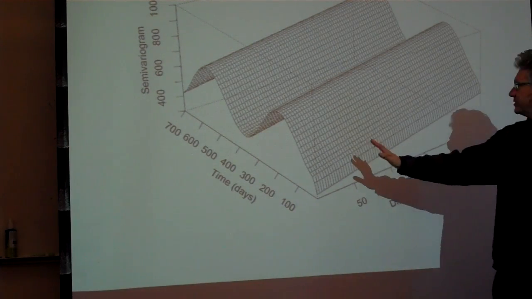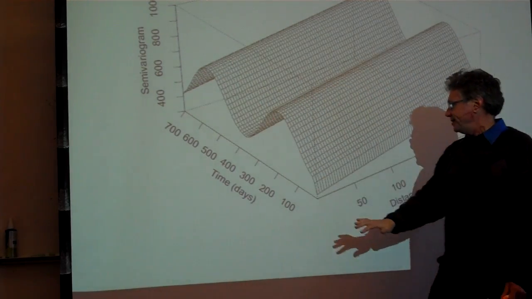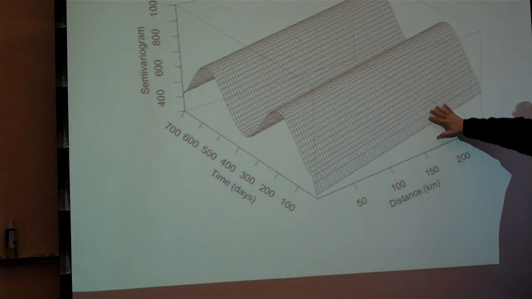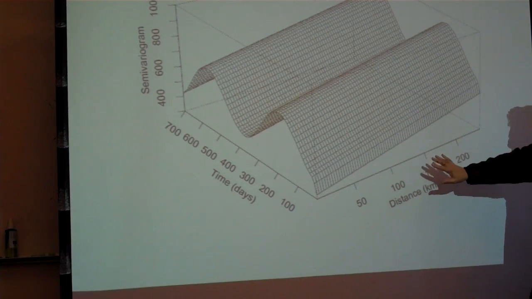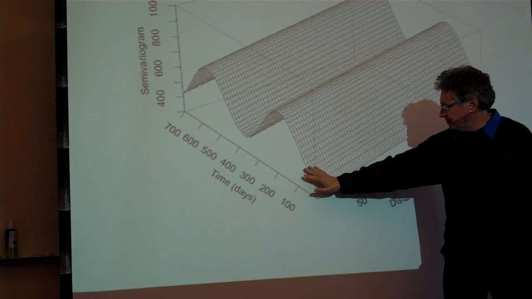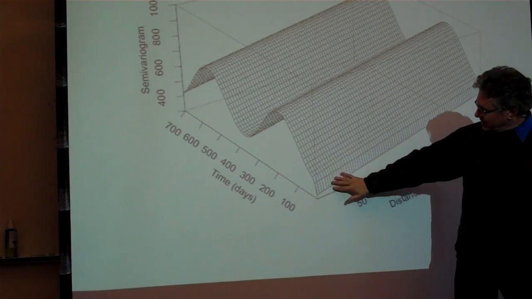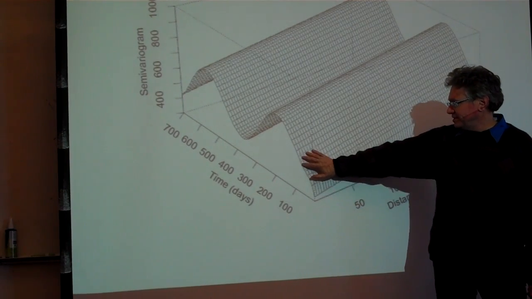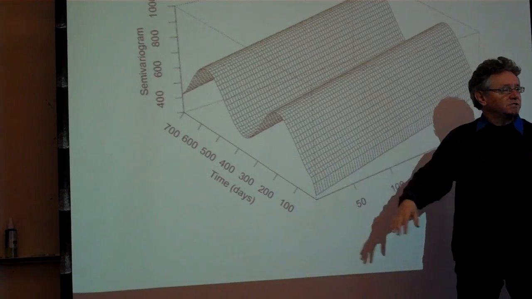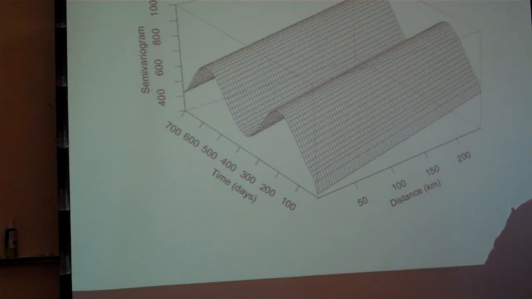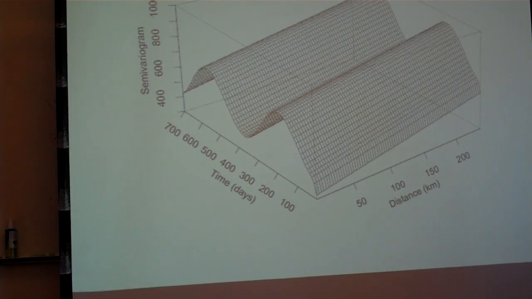Here's the seasonal component. Here's the spatial component. The variogram just increases linearly with space, and the extra shape you see down here at short time delays of less than 100 days or so represents the short-term autocorrelation.